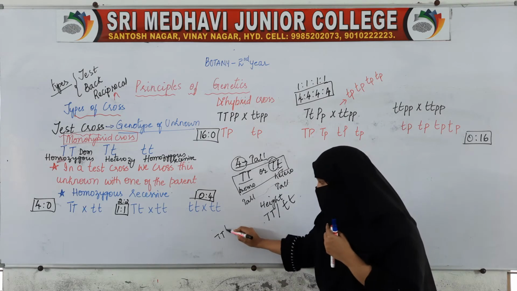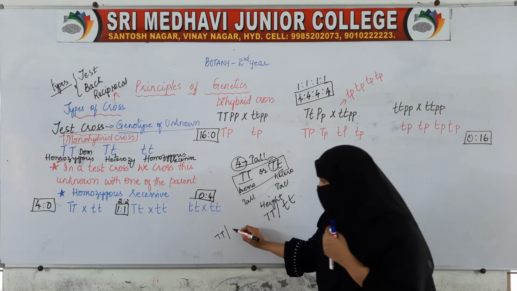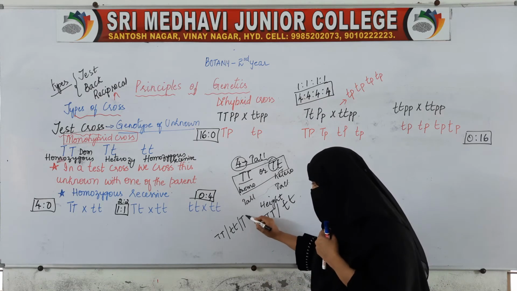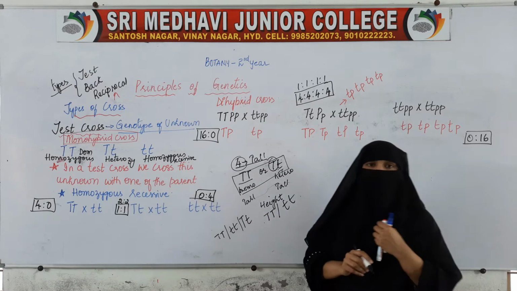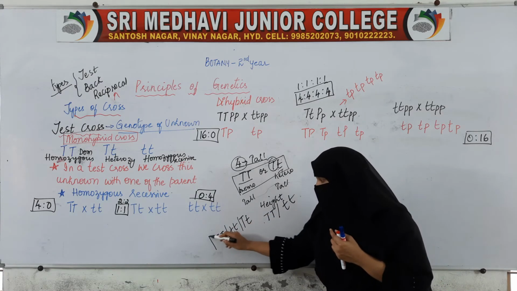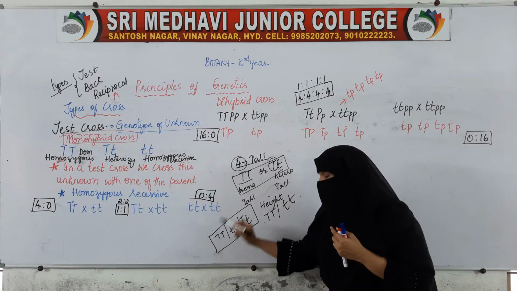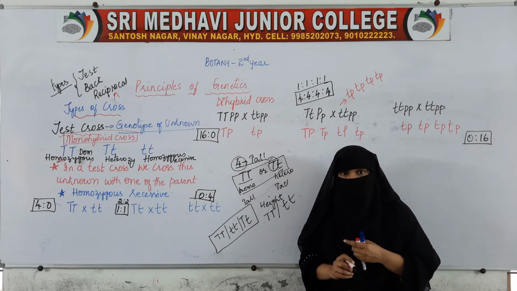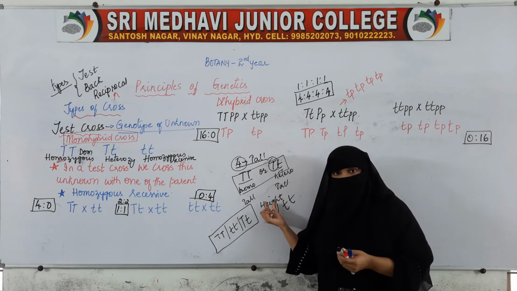The plant can have both capital T, both small t, or one capital T and one small t. These can be the probable genotypes if we are checking the height.